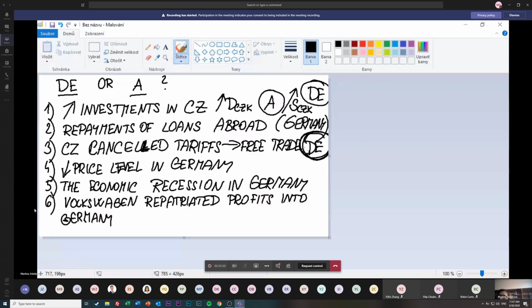And decrease in exports means there will be decrease in the demand for Czech crowns, because Czech exporters export products, get euros and demand Czech crowns. Now we are not exporting so much, so we are not demanding so much. So if there is decrease in demand, there will be again depreciation.